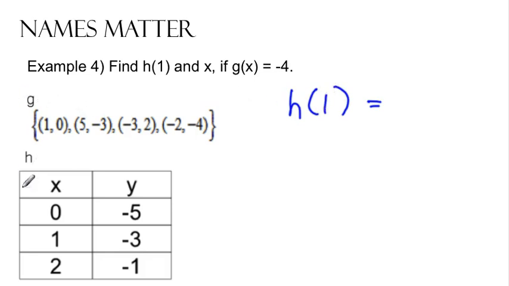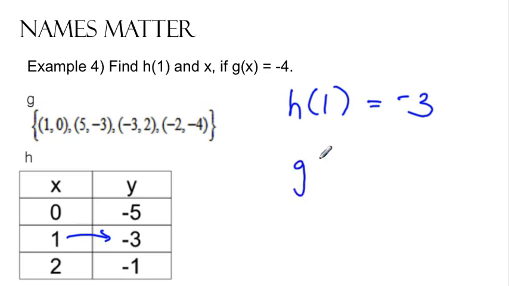I have g and I have h. g is the ordered pairs, h is the table. I know the x value is 1 in h, and I'm wanting to know what the y value is. So look over here in h and look for 1 in the domain. There it is, and that's paired with a -3. So we would say that h of 1 is -3. It's as easy as that.